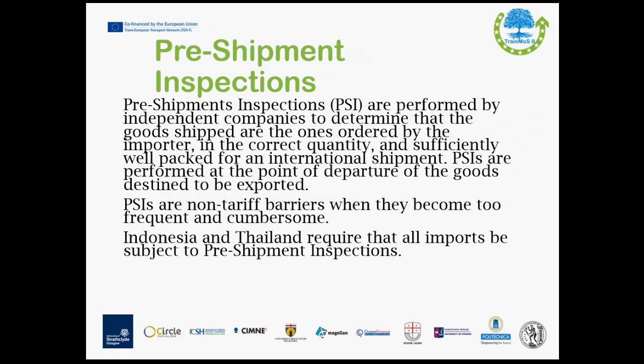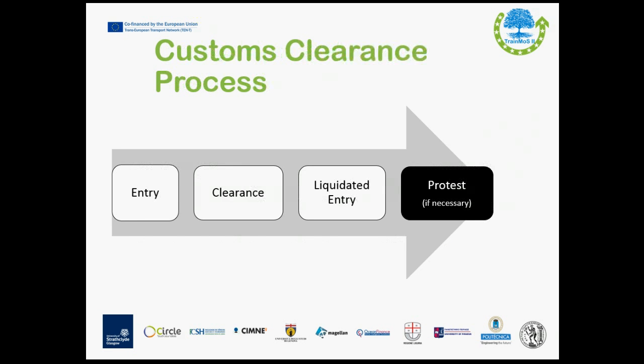Now, as you can all see, the customs clearance process has three different steps. The first one is the entry of the products, of the cargo. The second one is the clearance. The third one is the liquidated entry, that is when you have paid all the duties, all the taxes, and the products are free for you to get.